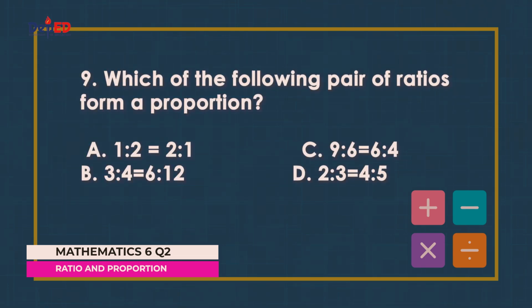Number 9. Which of the following pair of ratios form a proportion? Letter A, 1 is to 2 equals 2 is to 1. Letter B, 3 is to 4 equals 6 is to 12. Letter C, 9 is to 6 equals 6 is to 4. Or letter D, 2 is to 3 equals 4 is to 5.